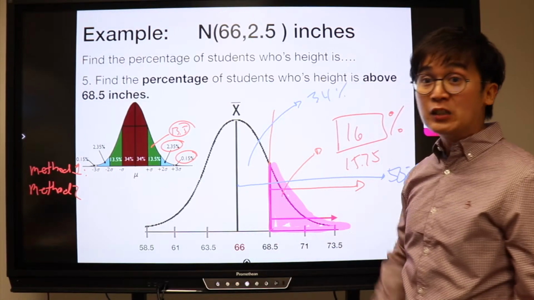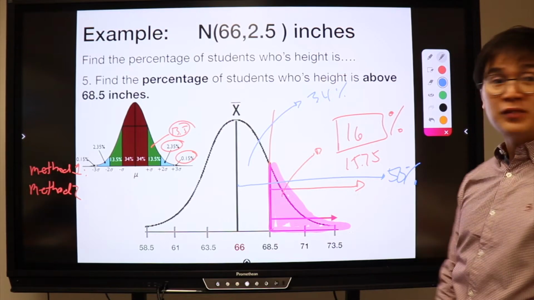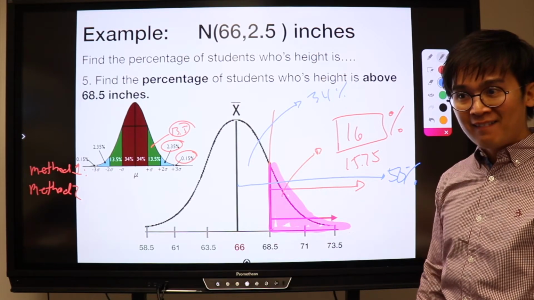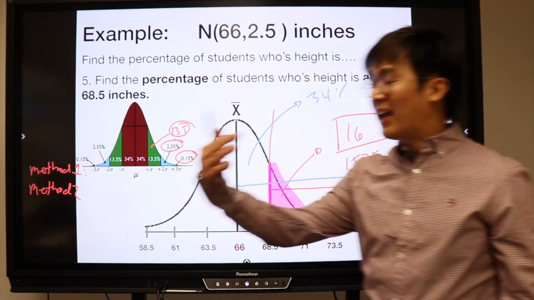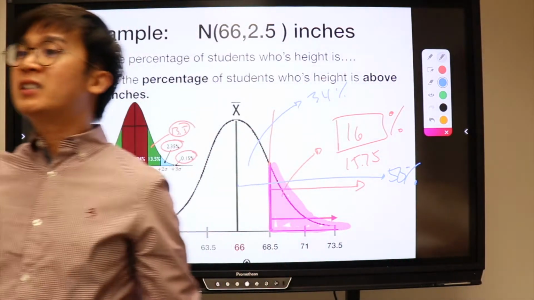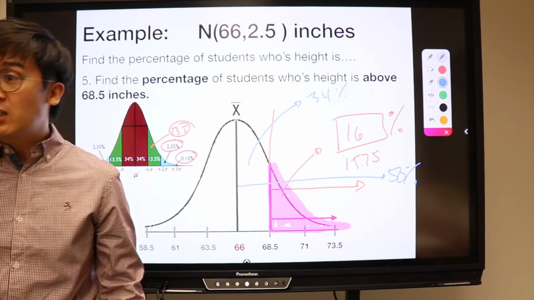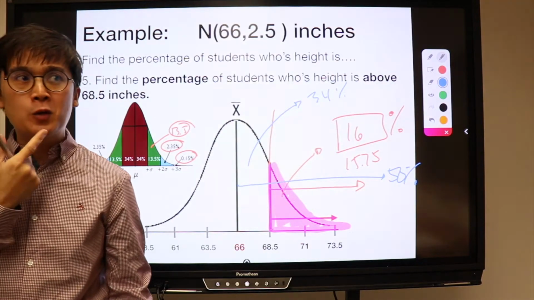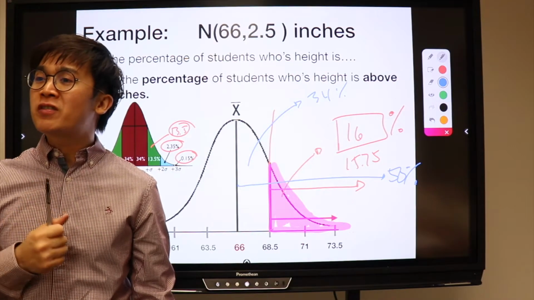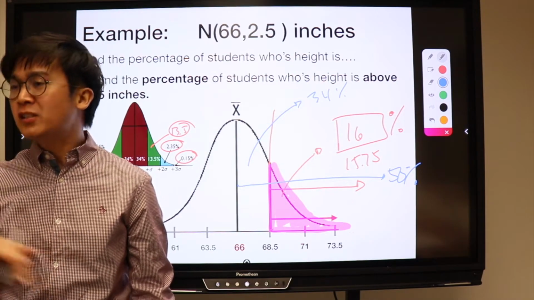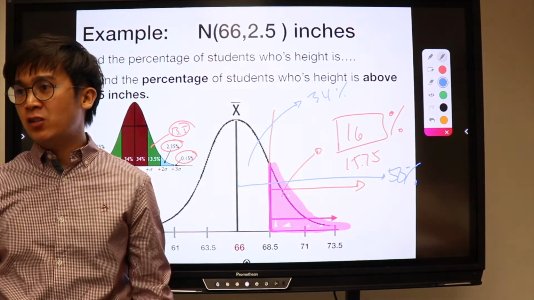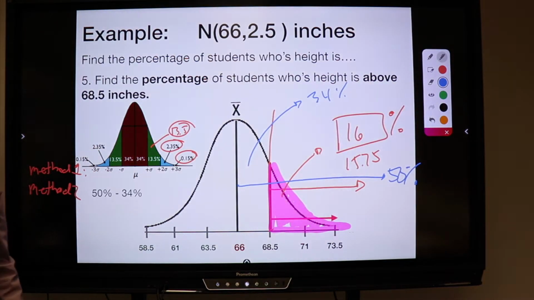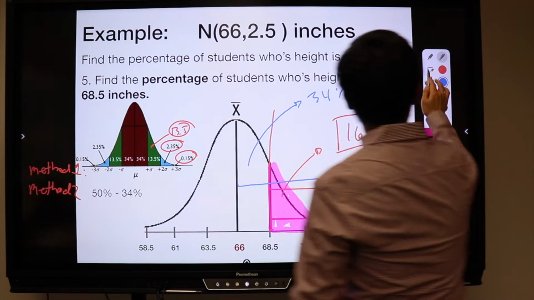So what I can do is subtract 34 from 50% and I'll get this piece of my normal curve, right? And again, this particular statistics lesson will help you understand statistics better and will help you practice how to think critically. Because there are a lot of methods on how you can answer this problem. You can use method 1 or you can use method 2. I use method 2 because it's easier for me.